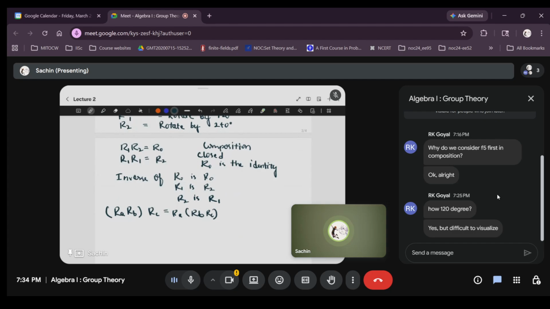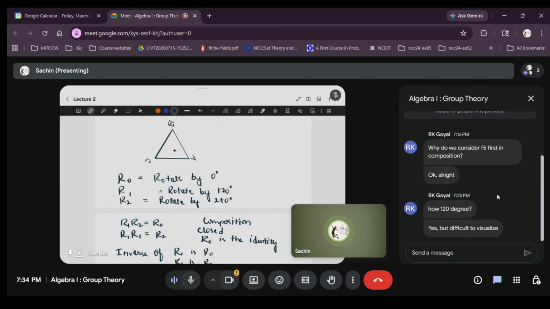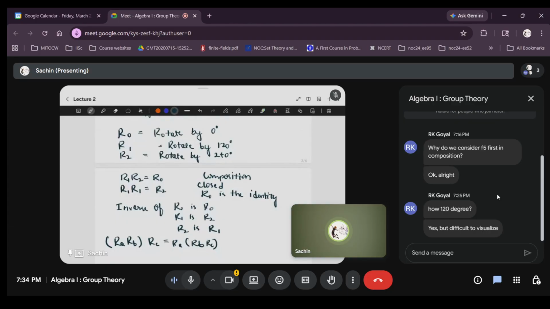So this is another example of a set with an operation where the operation is closed. There is an identity element for the operation. Every element has an inverse under that operation, and the operation is also associative.